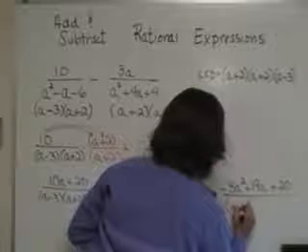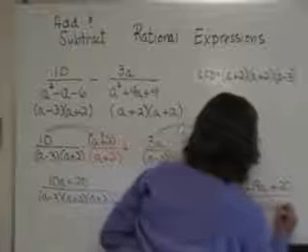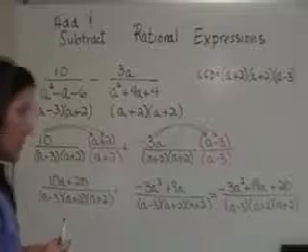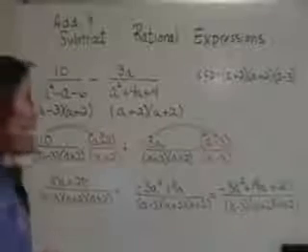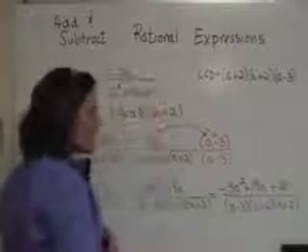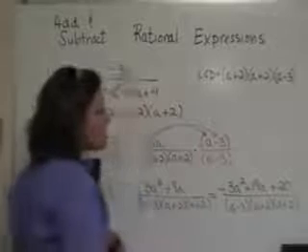The binomials downstairs, the common denominator, a minus 3 times a plus 2 times a plus 2. I'm looking at that to surmise whether or not I think this trinomial can be factored into the product of two binomials, where I might end up being able to reduce something from downstairs.